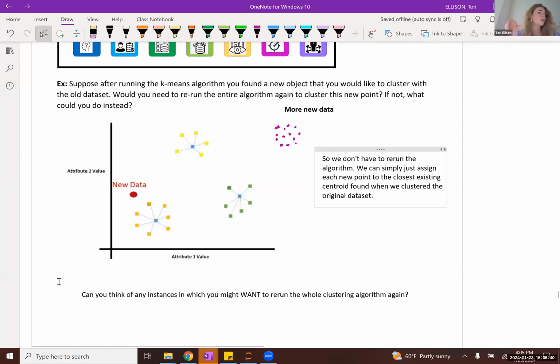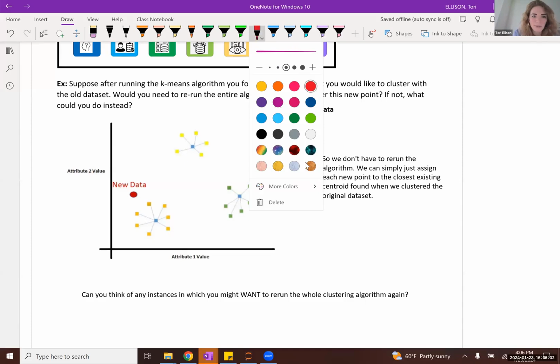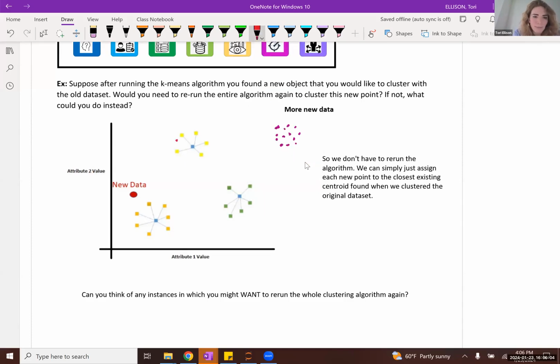Now, the second question is, can you think of any instances in which you might actually want to rerun the whole clustering algorithm again? Yeah, somebody said if it's more than just a few new observations. Well, I think it depends on the nature of those new observations. Let's say there are a lot of new observations, and maybe one was here, maybe one was here, here, here, here, something like that.